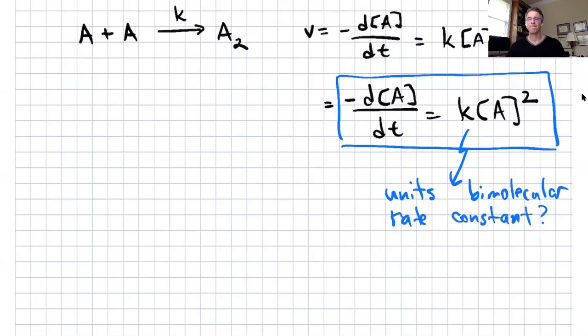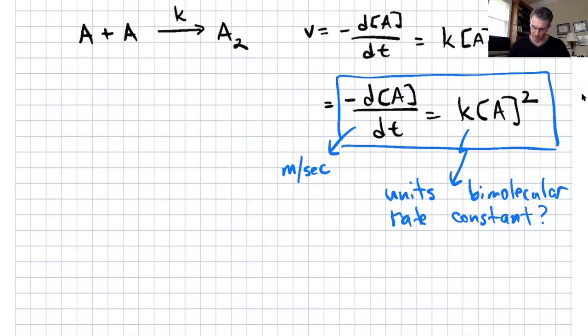What are they? You remember for a unimolecular process, it was just inverse time, per second, per minute, per hour, whatever you wanted. But remember, the units over here are still going to be molar per second, for example, concentration per unit time. Well, here we've got concentration squared. We have to get the time in there.